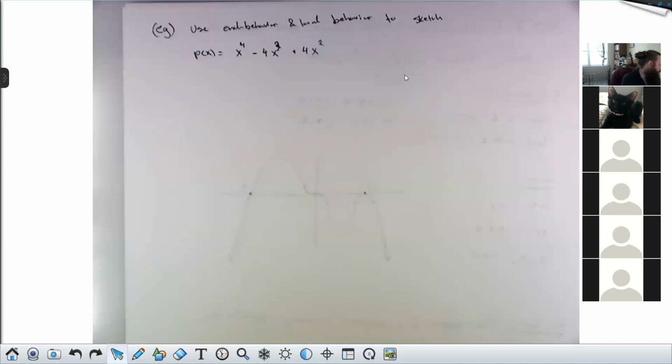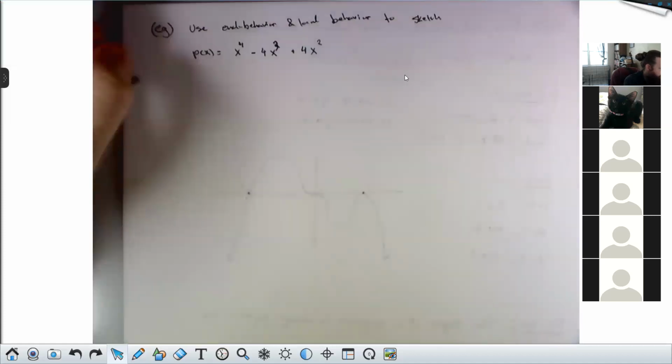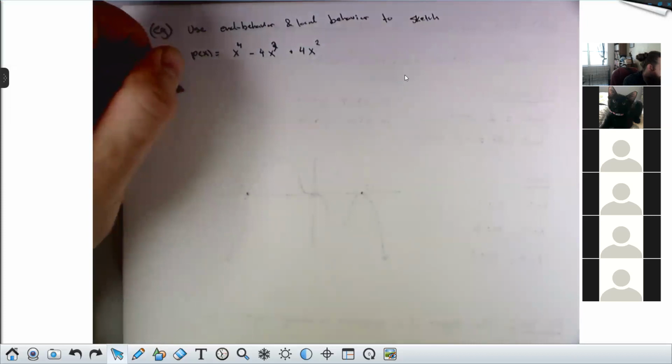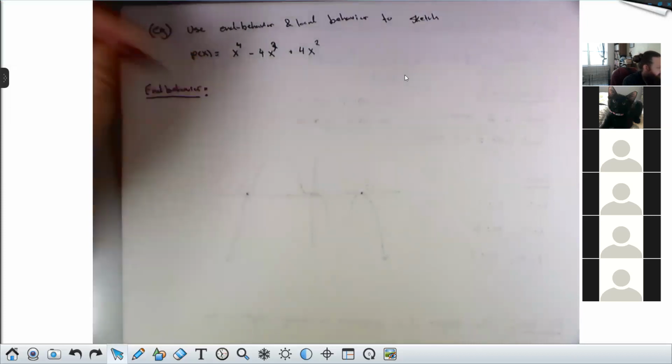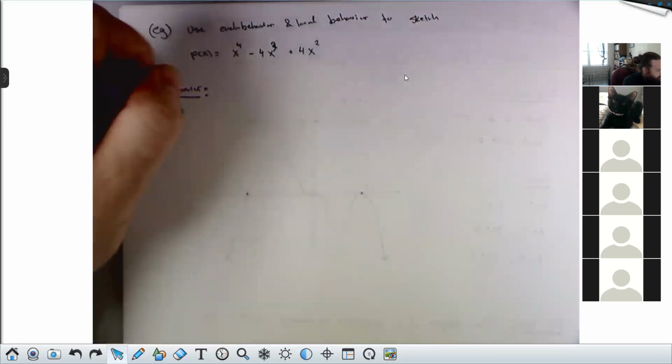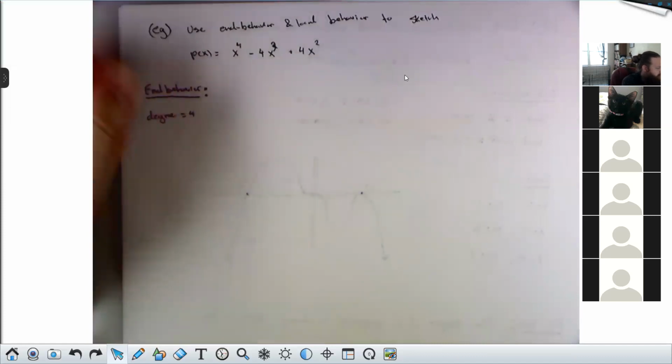I can write down the end behavior stuff because it's in this nice form, which is easy to see the degree and the coefficient. But then to get the other stuff, I'm going to need to factor it. So the degree here is 4, right? That's the largest power of x.